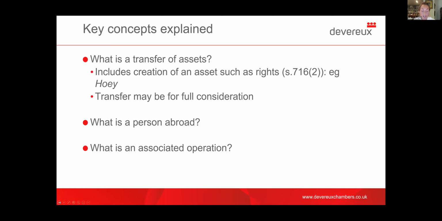There's a deeming provision which extends certain deeming provisions which treat trustees and personal representatives as non-UK resident, so that extends that deeming to this chapter. And there's also a deeming extension with the opposite effect, so that a person who is deemed domiciled under section 835BA of the Income Tax Act is not a person abroad. So they're deemed to be domiciled in the UK for this purpose as well.